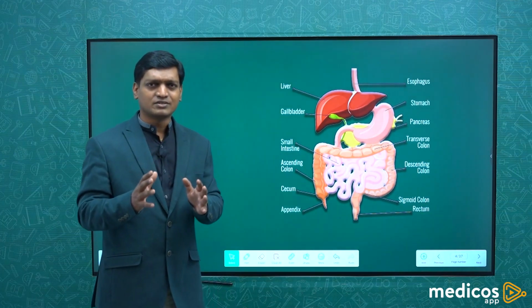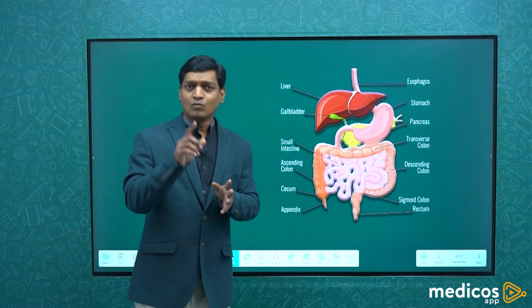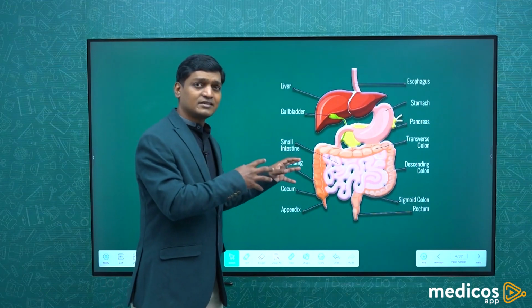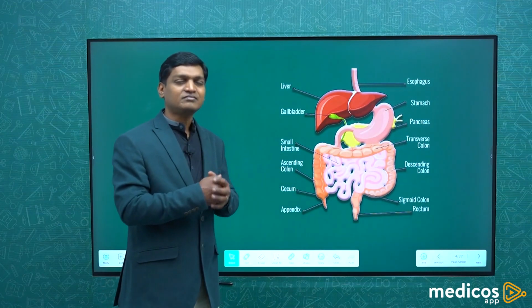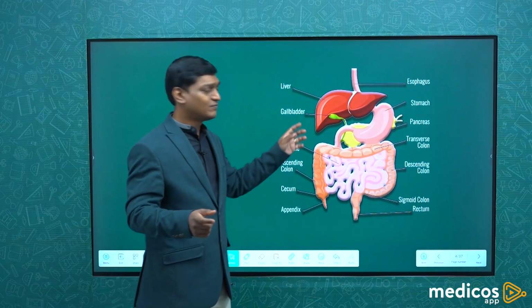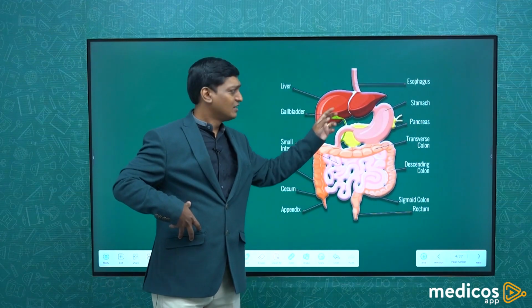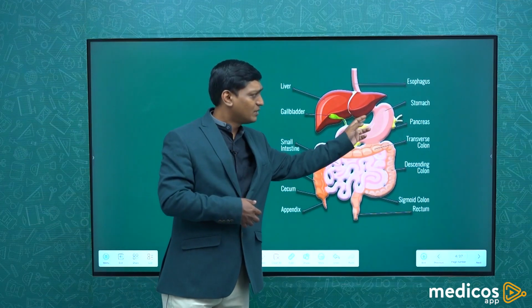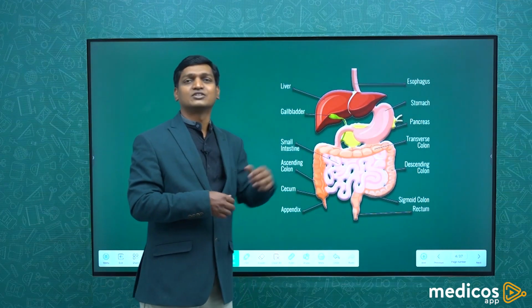My suggestion is to study from the beginning itself. Only thing, before going to the peritoneum, you need to understand the organs, the placement of the organs, the location of the organs. As I said, first the liver here on the right side, but it is extending to the left side also. Just beneath that, you have the stomach.